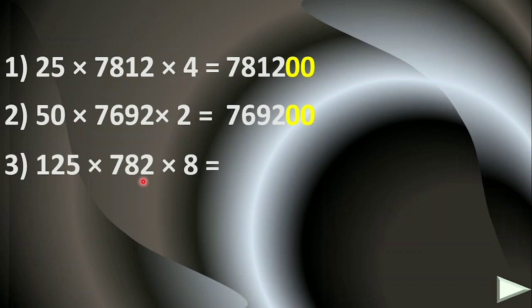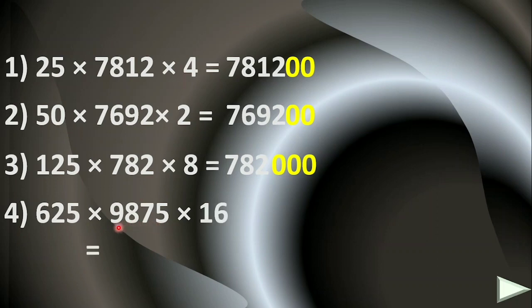Third, 125 multiply 782 multiply 8. Just write 782. As 125 8s are 1000, write down 3 zeros of 1000.